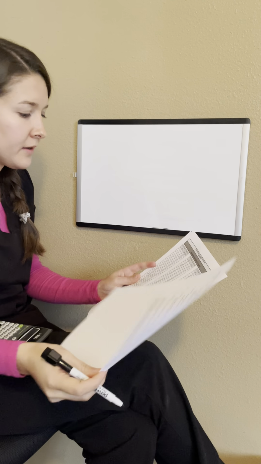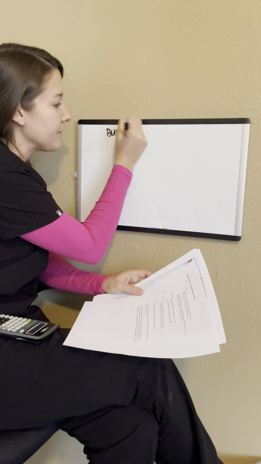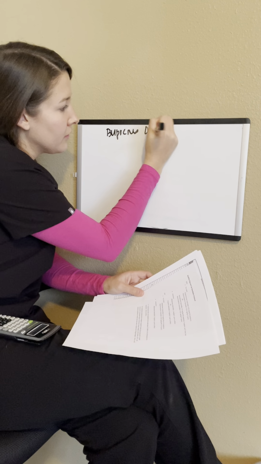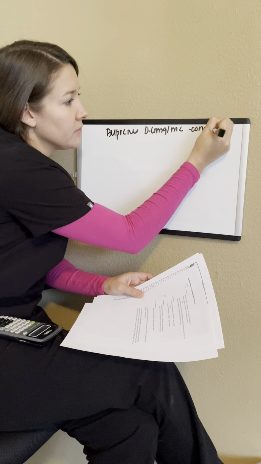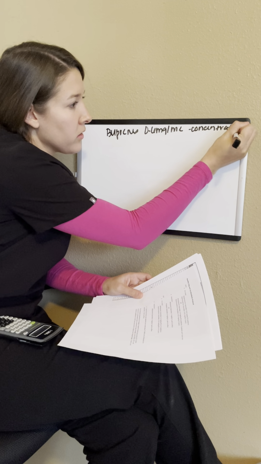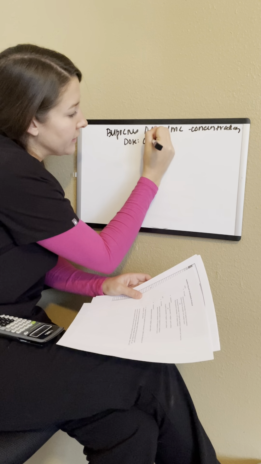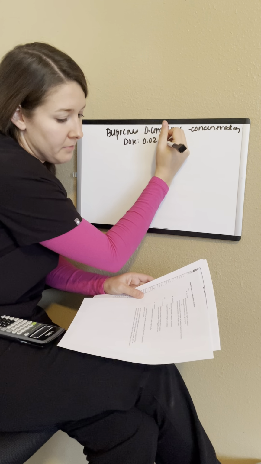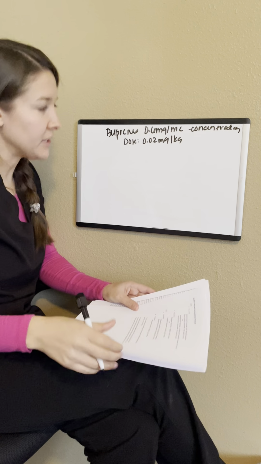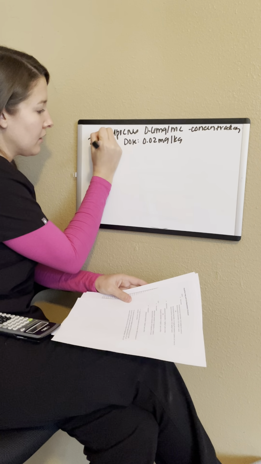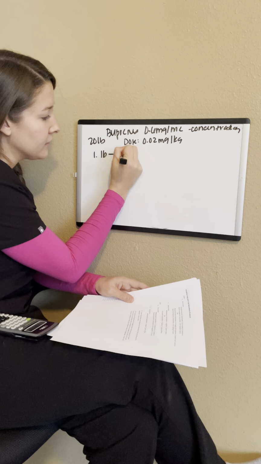Let's do Buprenex one more time, just to stay on the safe track. So remember, that's the concentration. Let's do the same dose of 0.02 mg per kg. Let's say our patient weighs 20 pounds. So first step, pounds to kgs.